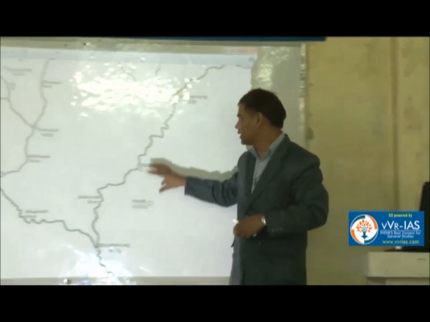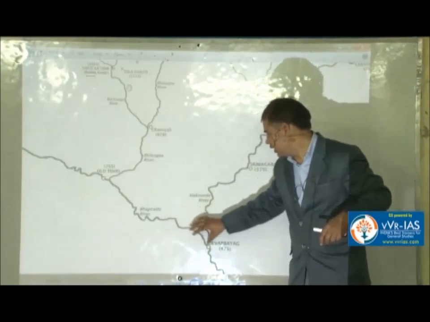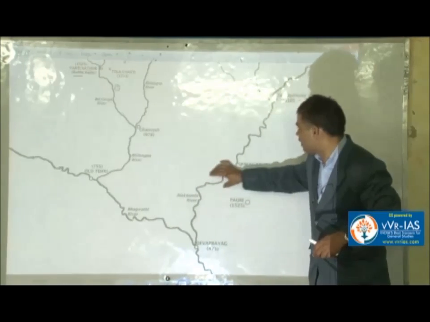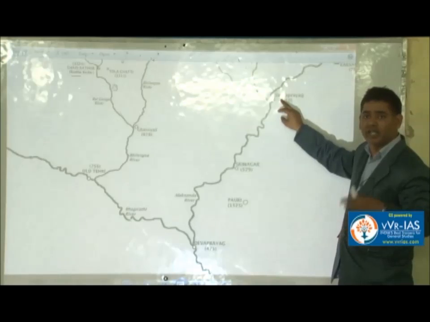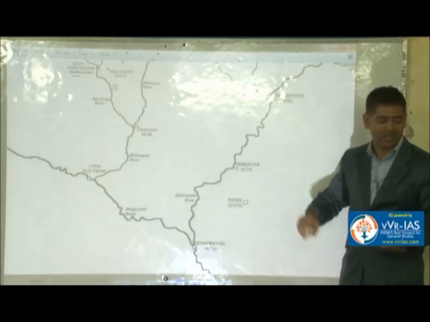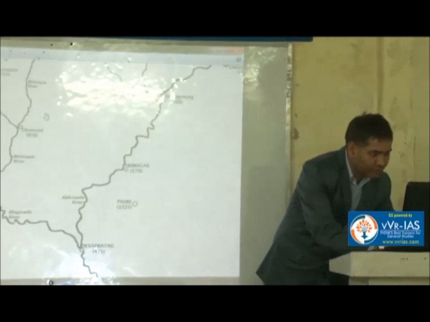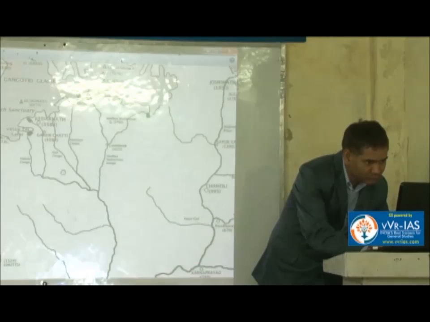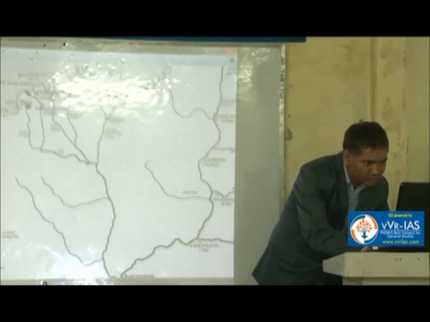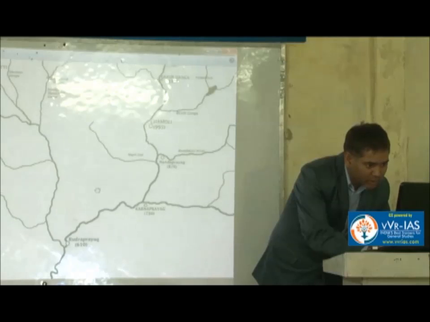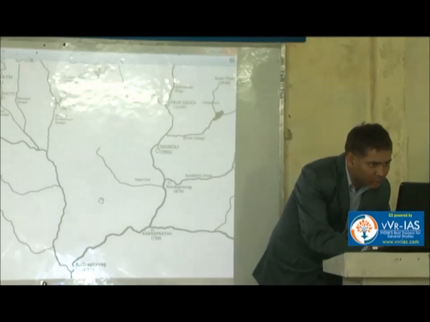Let me show you from where the Alkananda is coming. So you know that this is the Alkananda and this is the Bhagirathi. Please try to do the backtracking of Alkananda. If you go from this point to this point, here is Rudraprayag. In Rudraprayag, there are two rivers which are going to meet. One is the Alkananda itself, and the other is the Mandakini.